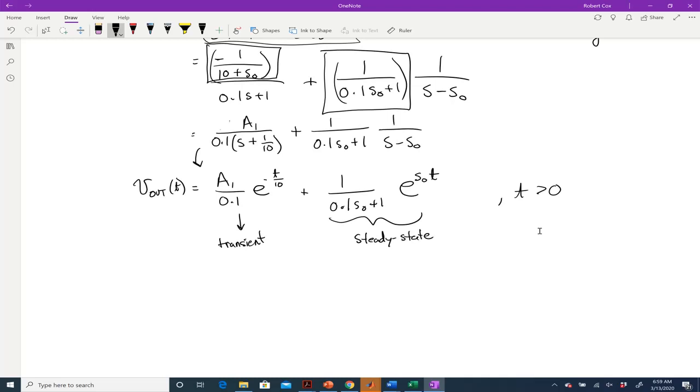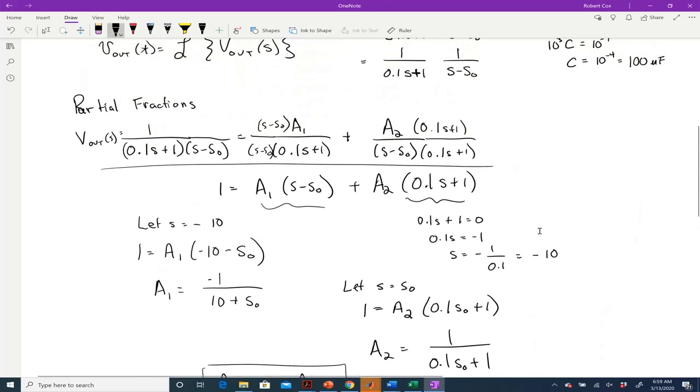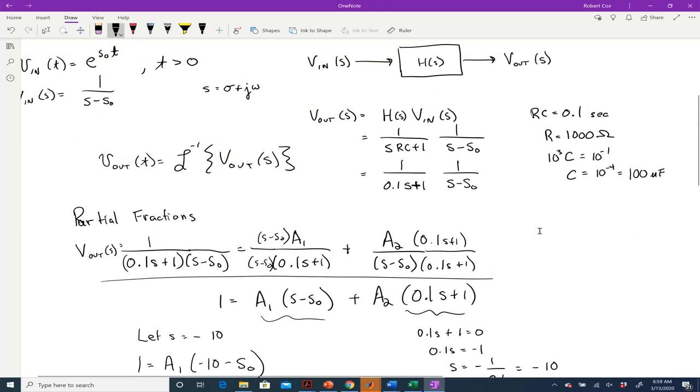Now one thing I want to remember, if you go back up to the beginning of the video, we see the transfer function H of s is equal to 1 over 0.1 s plus 1, right? So this here was our H of s.